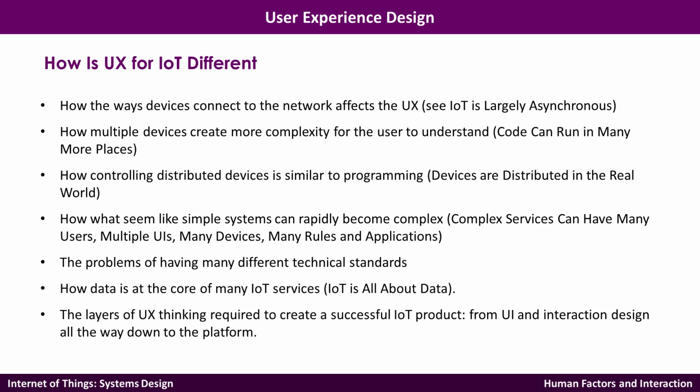We will also see that there are multiple devices involved in a single IoT system. Therefore, the code you develop might run in different places, and you need to consider how they are working together. You will also realize that when these systems are getting connected and are supposed to work together, at the beginning you will feel that the systems are very simple.